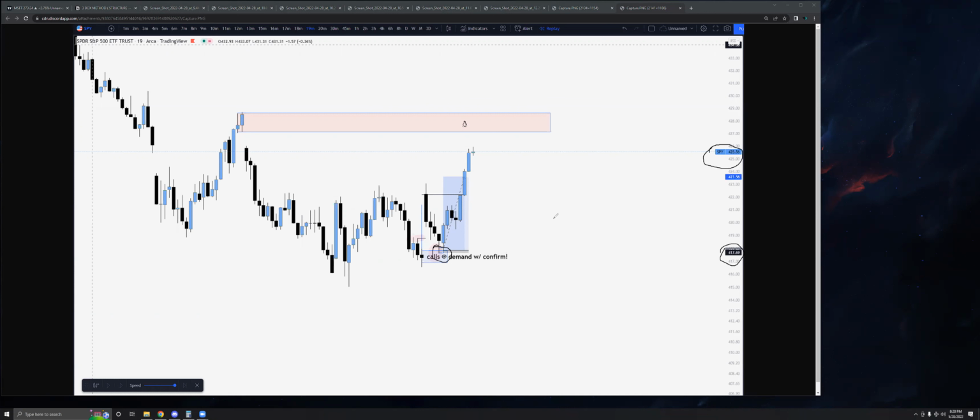And all we really did is just use our three-step, which is the structure, the supply and demand zones, and then the confirmations. And look at the return that you could have got. Where is this coming to? This is coming into this imbalance here, because these banks are coming up so they can close their positions right there.